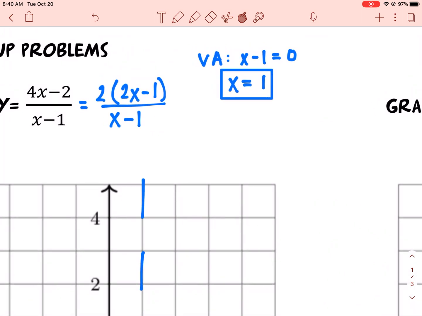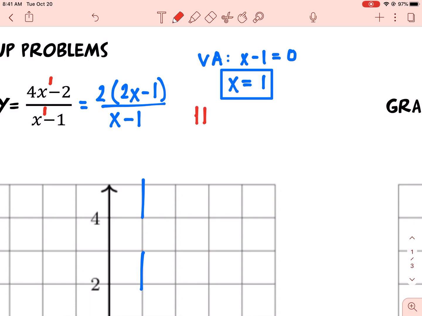Then step 4 is horizontal asymptote. Well, for horizontal asymptotes, I have 3 different cases. The degree of the numerator can be less than the degree of the denominator, the degrees of the numerator and denominator are equal, or the numerator degree is bigger than the denominator degree. Well, in this case, notice they're both power 1. So my horizontal asymptote is case B, where they're equal.